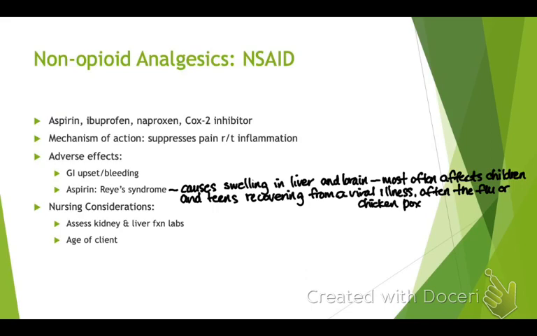Reye's syndrome causes swelling in the liver and in the brain. It most often affects children and teens recovering from any type of viral illness, especially most often the flu or the chickenpox.